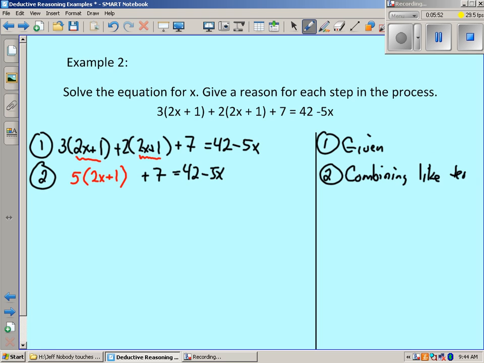So then step 3, I am going to go through and distribute. So I'm going to take 5 and multiply it by 2x, and 5 and multiply it by 1, which will give me 10x plus 5. I left my 7 alone, leaving the 42 minus 5x alone, and so that was the distributive property.